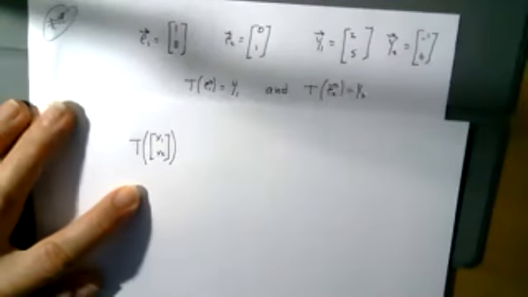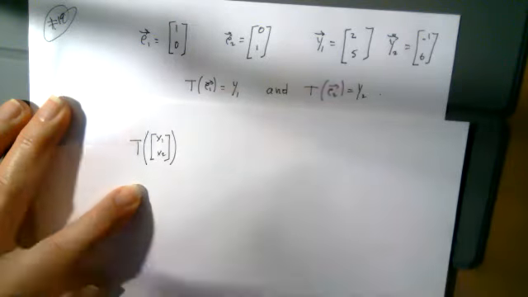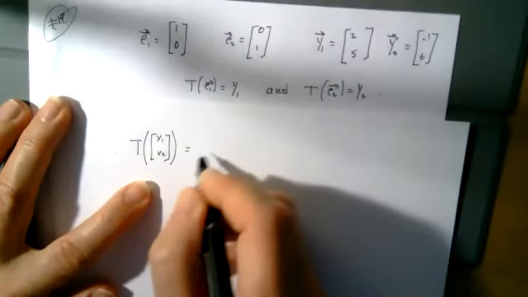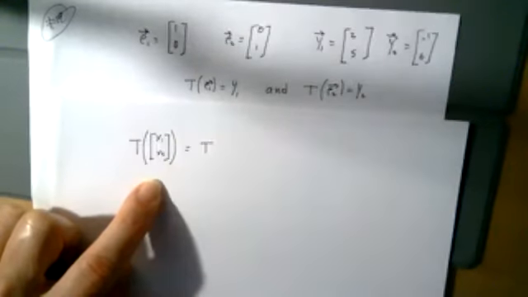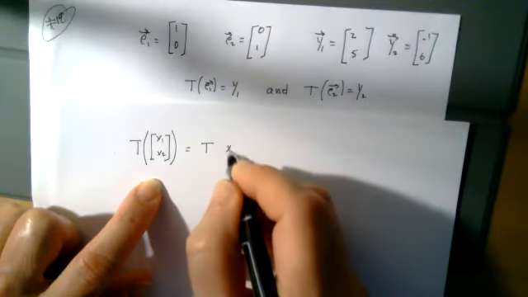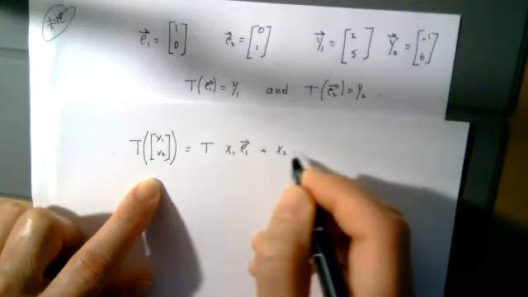I'm going to do it exactly in the same way. So T is linear. I know where E1 and E2 go. I want to find what happened to any vector. So those two pieces of information will give me anything. All right, let's do this in the same way. So step number 1, I'm going to write x1, x2 as a combination of E1 and E2. So we should know that this is x1 E1 plus x2 E2.